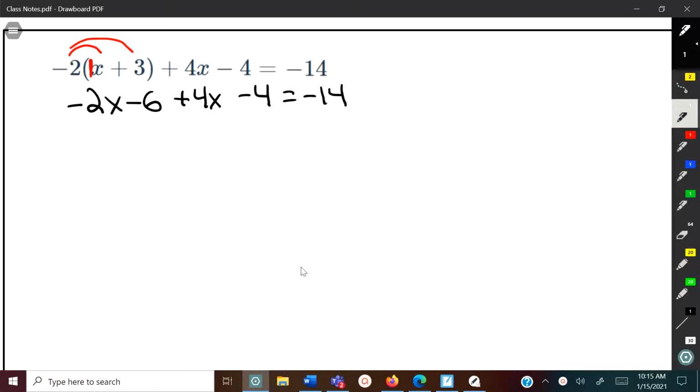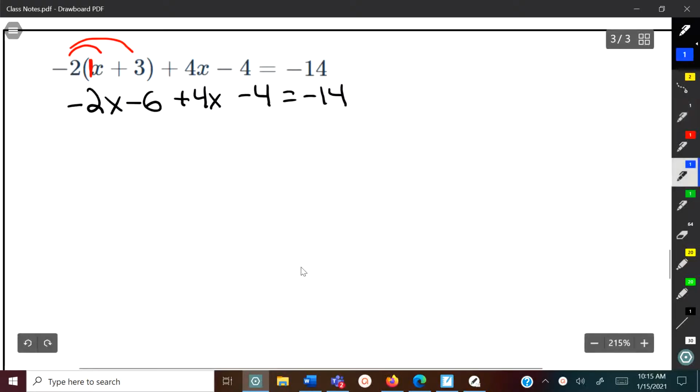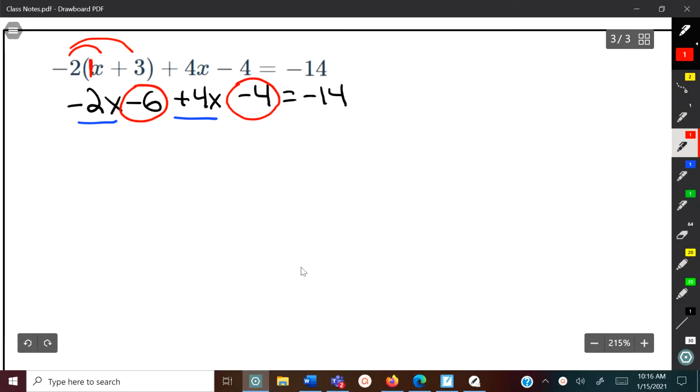Now I'm going to use my visual aid and underline the variable terms and circle the constants. Notice how I just worked on the left side. Now if I had things to simplify on the right side, I would do that as well.